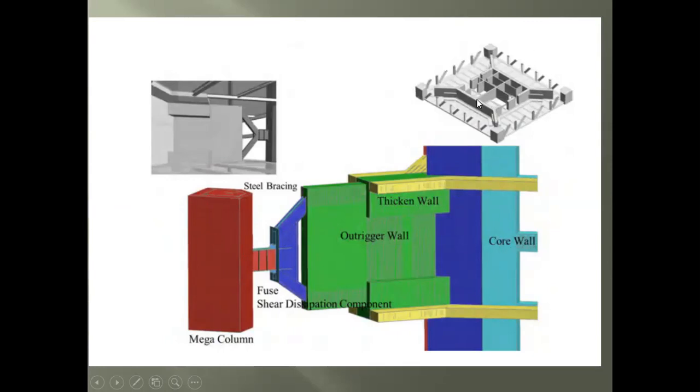Here we see the diagonal connection between the main columns and the main core walls, and it's surrounded by the additional frame system, which also plays not the least role. It's also important.